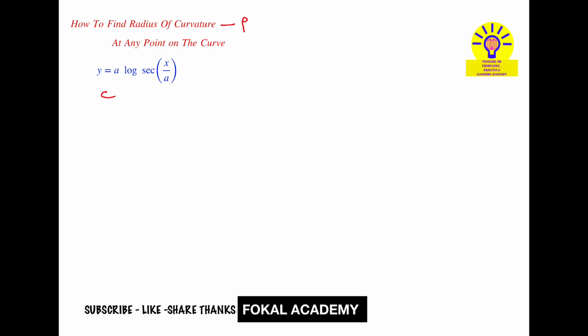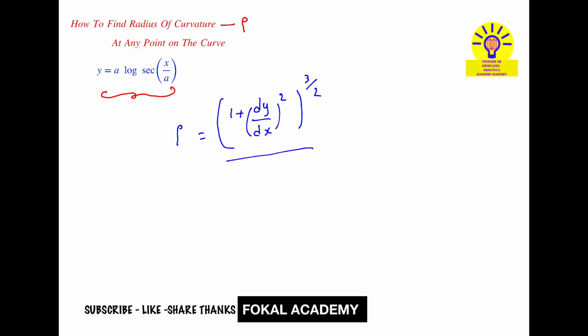Whenever the function is in Cartesian coordinates, the radius of curvature rho is equal to (1 plus (dy by dx) whole square), overall to the power of 3 by 2, upon d square y by dx square.